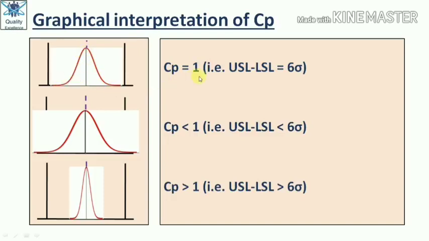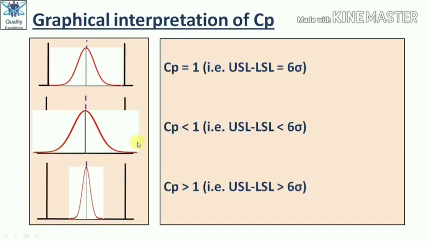In a similar manner, if we see here, this is our USL minus LSL, the voice of customer. So the width of this is less than the width of our process. It means that we will produce some non-conforming parts here, which is not good, right?